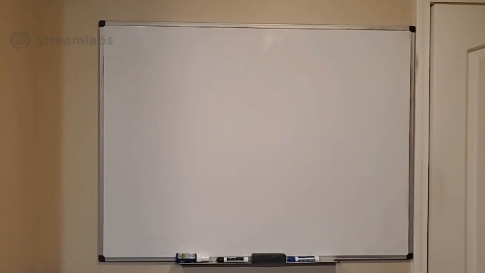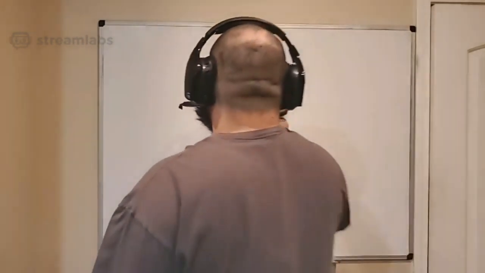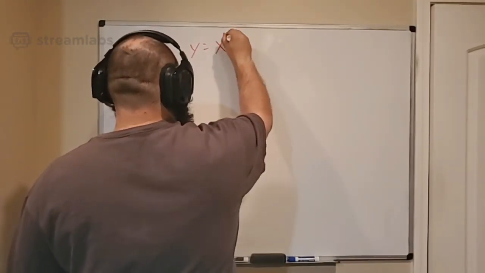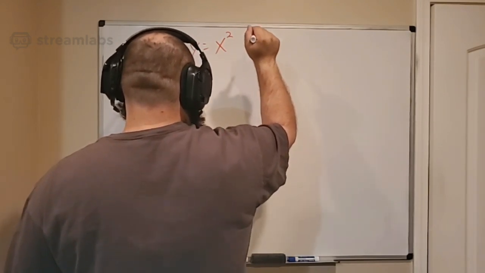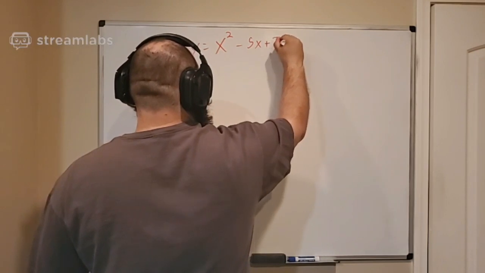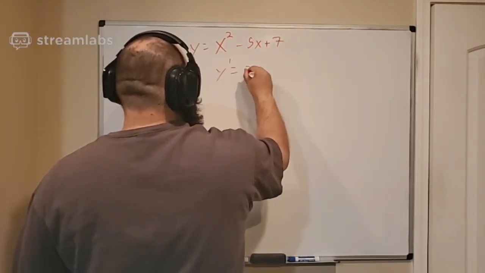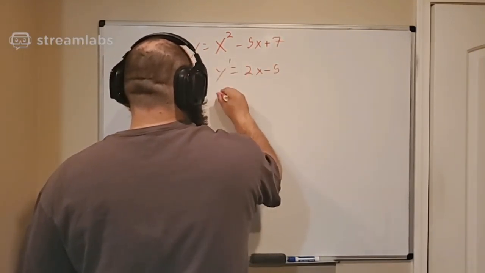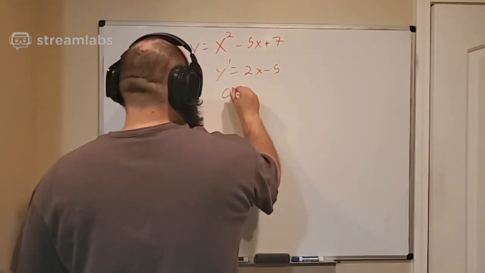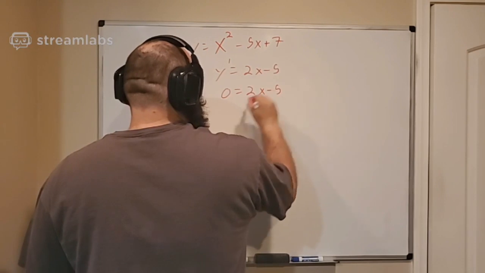So what's the function? Y equals what? X squared minus 5x plus 7. So take your derivative, 2x minus 5. Set it equal to 0. You get x equals 5 halves. And then show your y value.